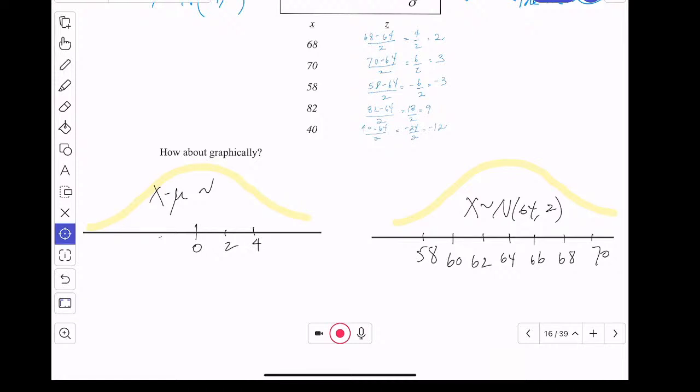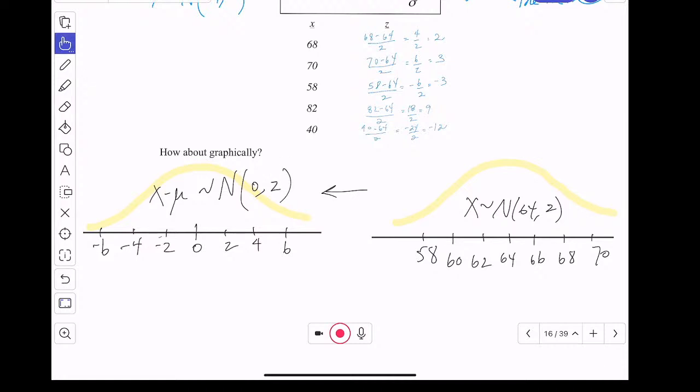And if I take 70 minus 64, that gives me 6. So this would be a normal, also the same shape. All I've done is shift it over. And so this becomes a normal distribution centered at 0 with a standard deviation of 2.